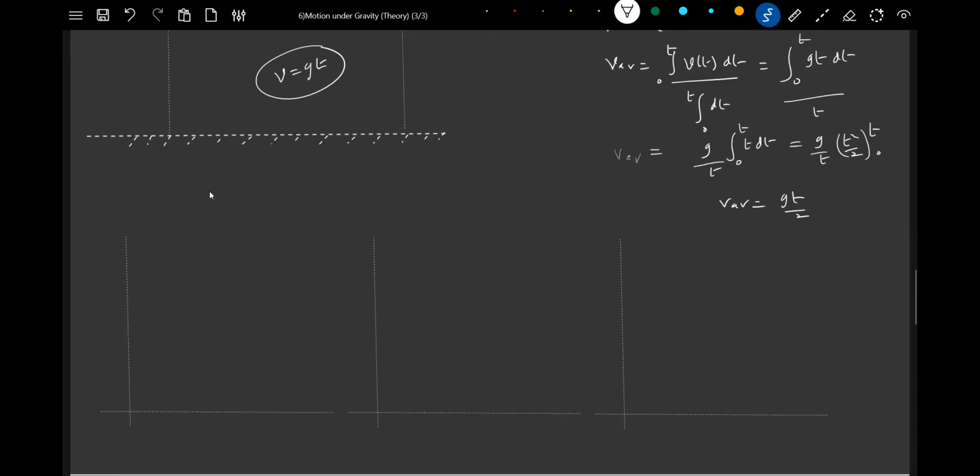Let's compare all the curves. What about the position versus time? So height descended curve will be like this.